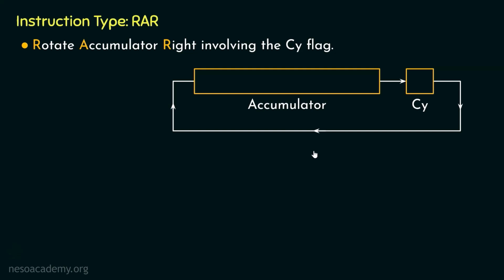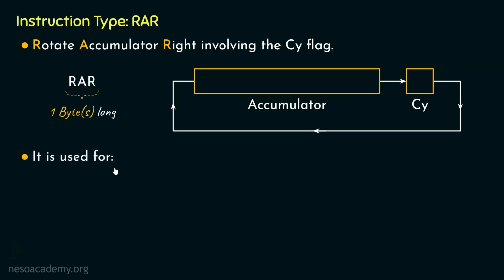Well, worry not, I'll illustrate the entire process using an example. For now, just remember RAR stands for rotate accumulator's content right, but this time we are going to involve the carry flag. Now coming to the instruction type RAR, it also falls under the 1 byte long instructions category.